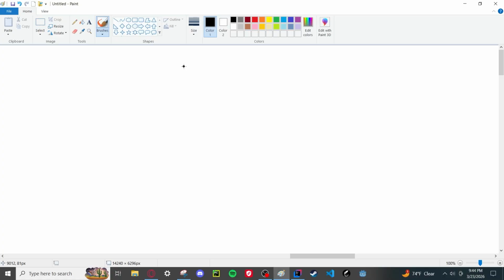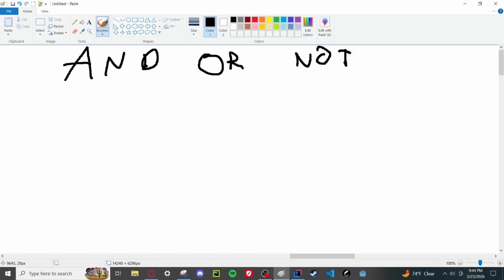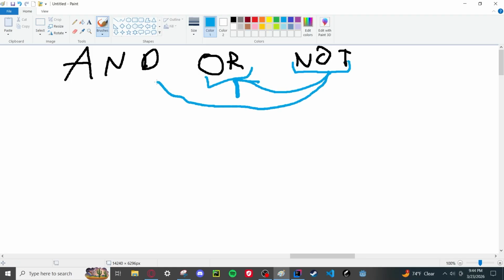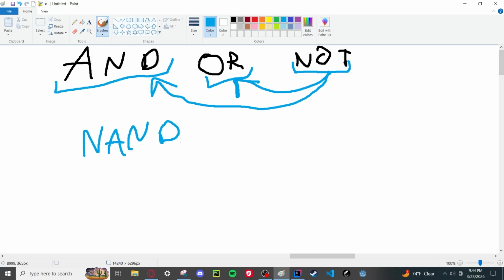Now before we dive in, I just want to introduce what a logical statement was. But we actually have a few more gates I want to cover. Just as there was the AND, OR, and NOT gates, well, you can actually take this NOT and apply it to this OR, and apply it to this AND, and two new gates will form from that. The NAND gate and the NOR gate.